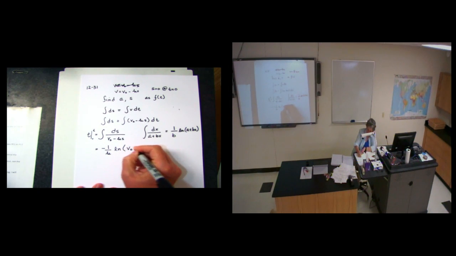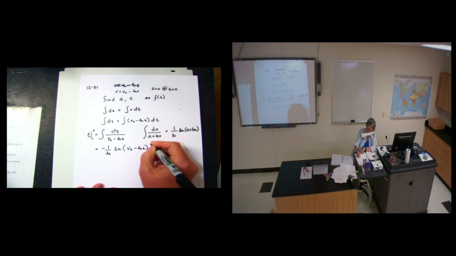I've got t is equal to 1 over k natural log v naught over v naught minus ks. I'm going to multiply k over here, so I get kt is equal to the natural log of v naught over v naught minus ks. I'm going to do the e on both sides, so I'm going to get e to the kt is equal to v naught over v naught minus ks. I want to solve for s because I want s as a function of t.